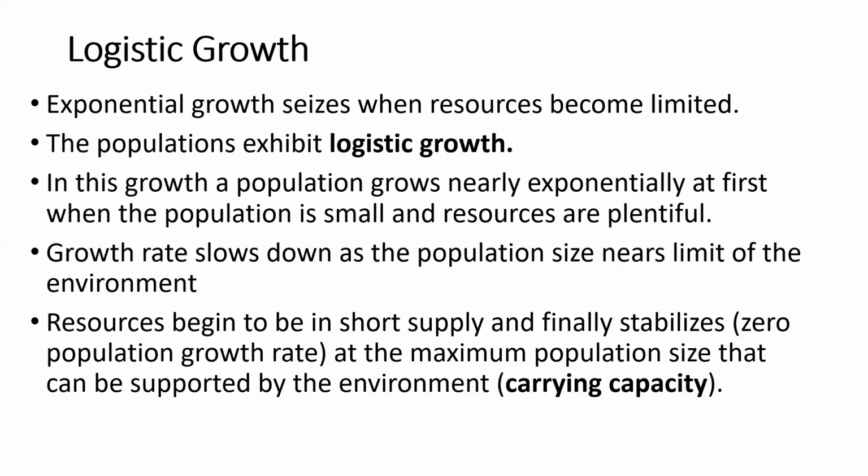In this growth, the population grows nearly exponentially at first, when the population is small and resources are plentiful. Growth rate slows down as the population size nears the limit of the environment. The population is growing and growing, and there are not as many resources as the population needs. Resources begin to be in short supply and growth finally stabilizes.